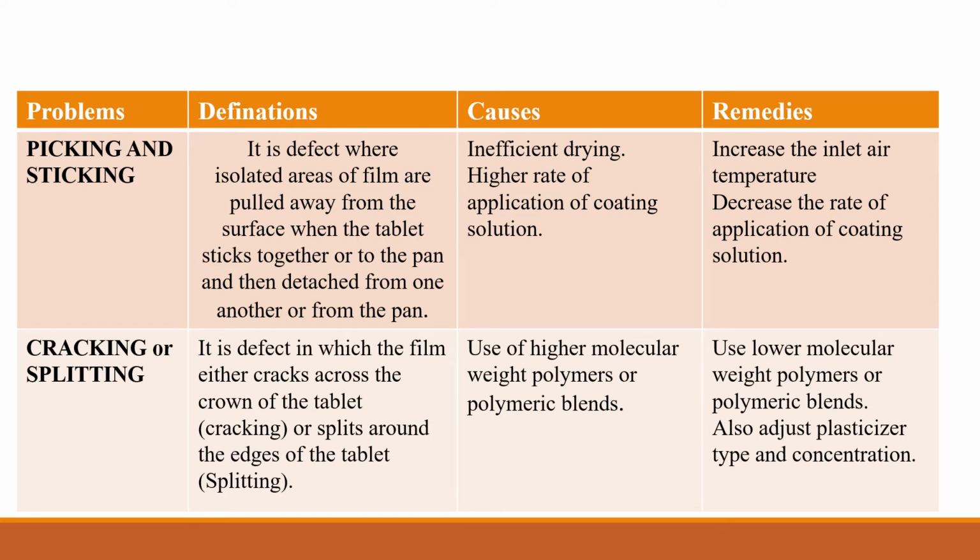Polymers are divided into various types according to their molecular weight. So we need to use higher molecular weights or polymeric blends. So this is the reason for which the cracking or splitting defect comes in the tablets.